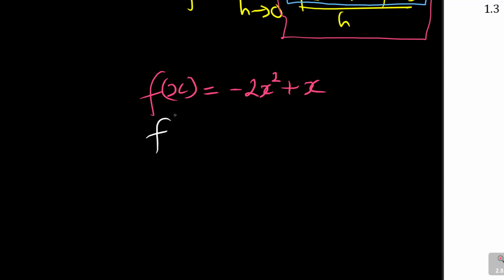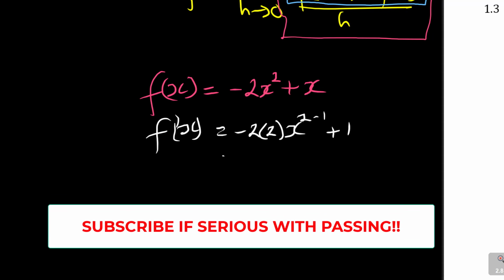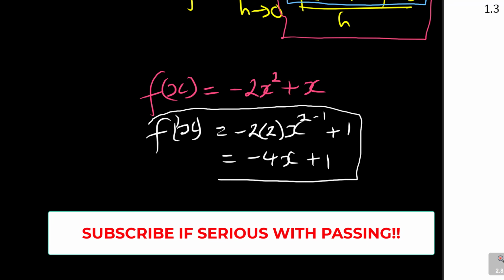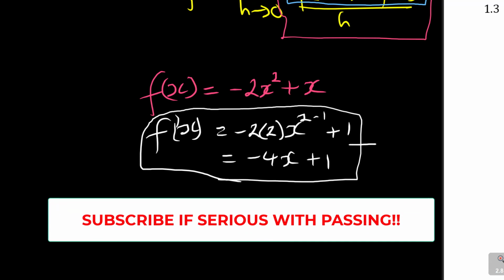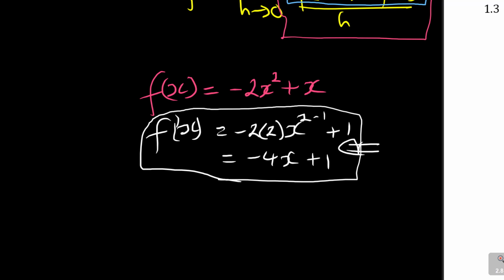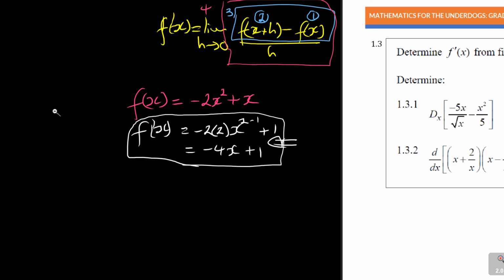My answer, if I do f prime x, the quick version, will be drop the 2, negative 2, drop the 2, x, 2 minus 1, plus x becomes 1, which is equal to negative 4x plus 1. This is the answer. But remember, if you do it like this, there is no mark. So this is the quick answer. But now let's see if ever this will give us that.